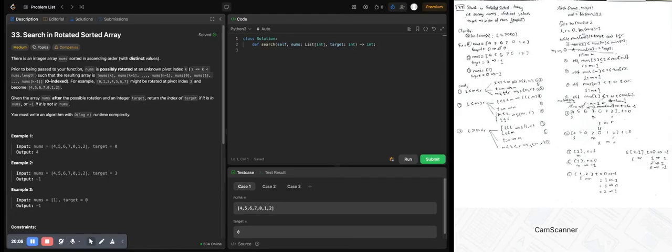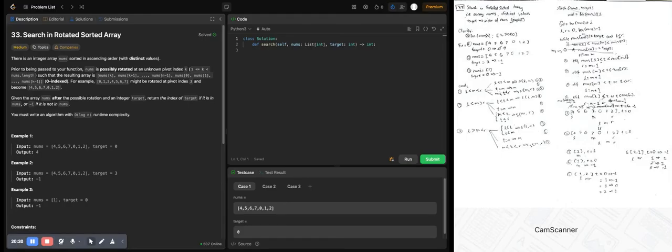So we still need to return the index. Right, I think I need to use a while loop instead of recursion.